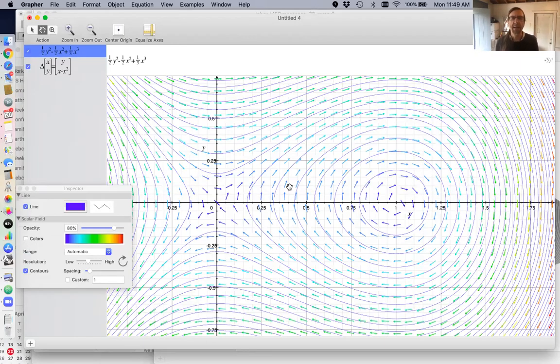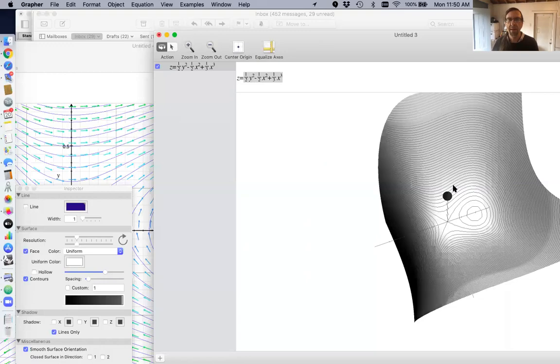What it looks like is that the arrows are always pointing along level curves. And that has to be true because the solution curves follow the arrows, and we've already proved that the solution curves stay at a constant value of h. And the constant values of h are exactly the level curves.